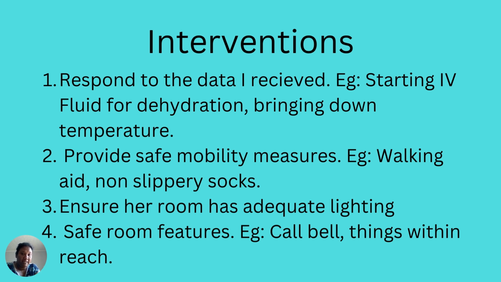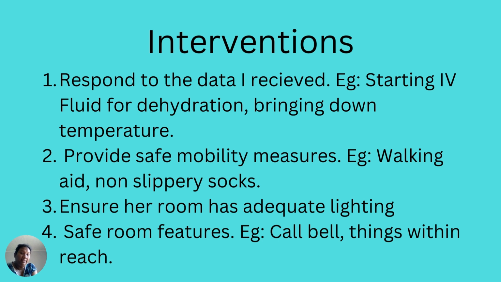So I would escalate it to my medical team, and as per the order, I would start with the IV fluid and rehydrate the patient. I would also take necessary step to bring down the temperature. So the rationale that I would give for these points is to bring more comfort to Alice, and thereby reducing the chance of fall.